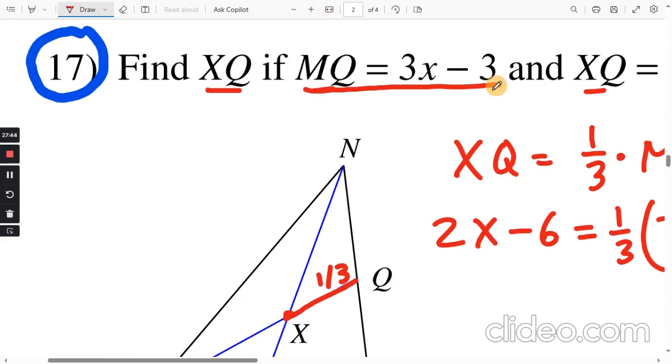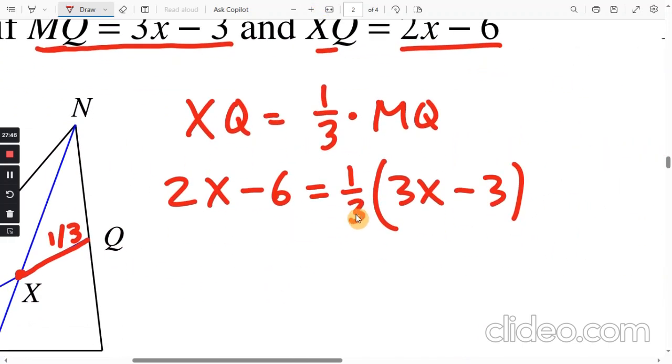All right, so we have a 3 in the denominator. You can do times 3 on both sides if you want. But I can see right here, these numbers are both divisible by 3. Okay, so times 1/3, it's the same as dividing by 3. 3x divided by 3. 3 divided by 3, that's just x.